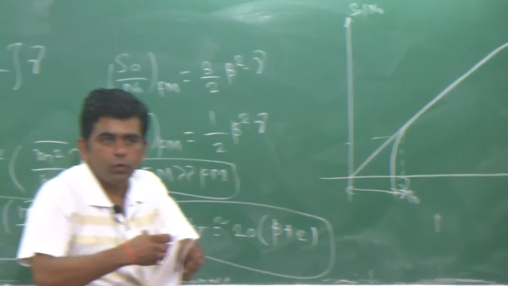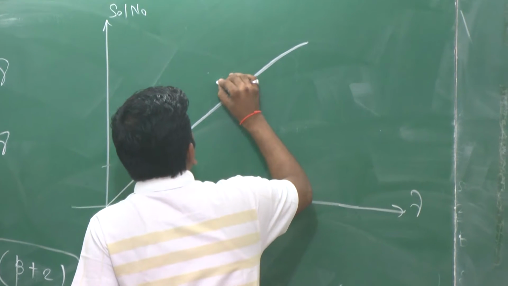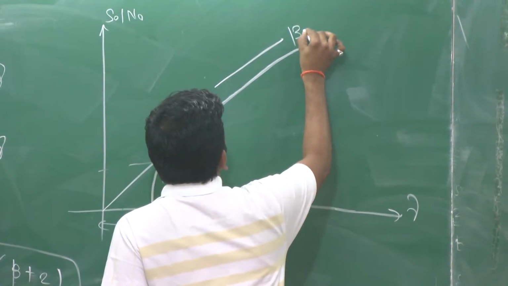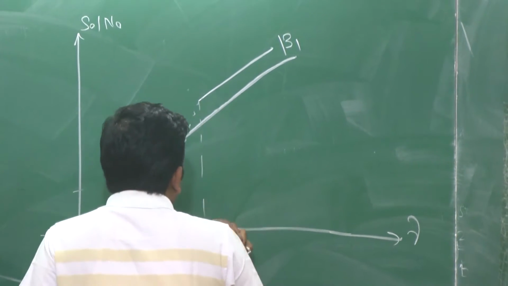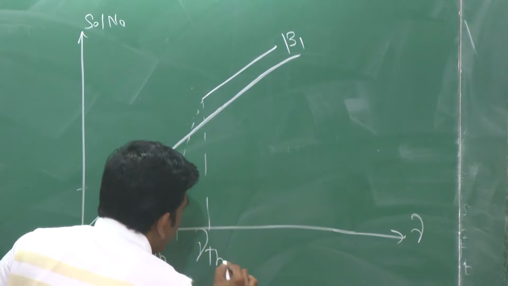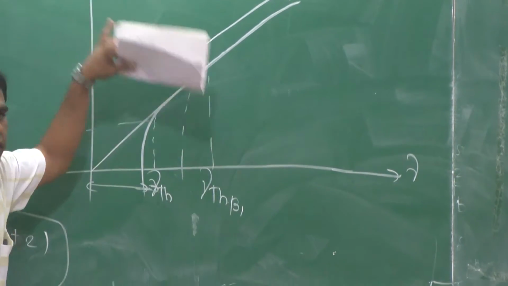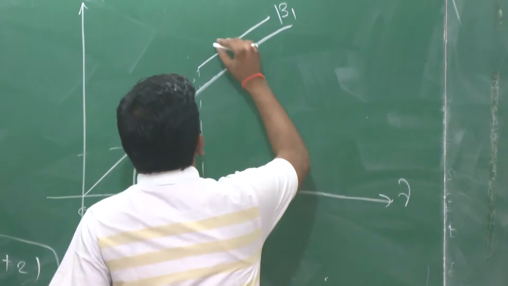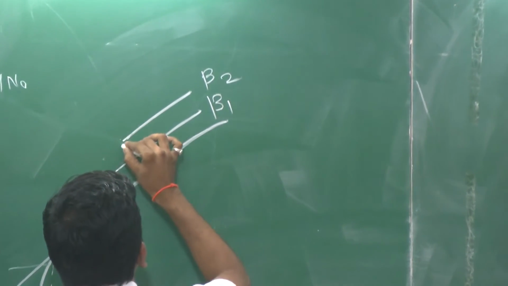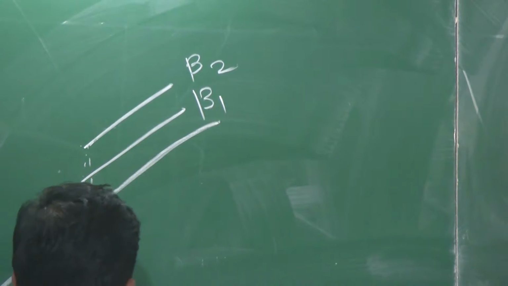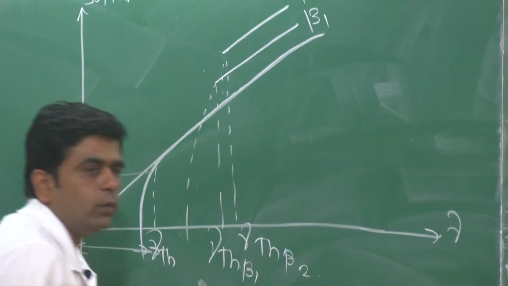But when we move towards angle modulated systems, suppose beta increases. For beta 1, this is your gamma threshold. Then you increase the bandwidth to beta 2, and this is the gamma threshold for beta 2.